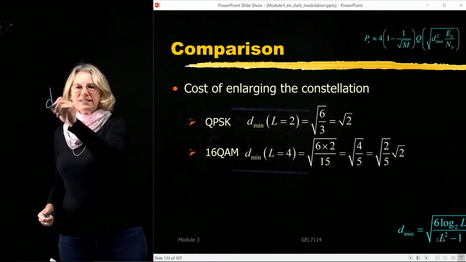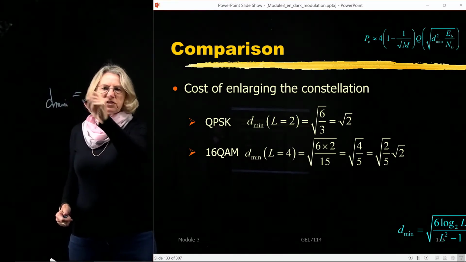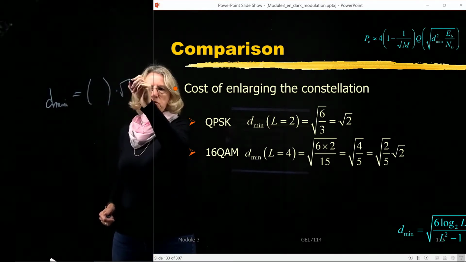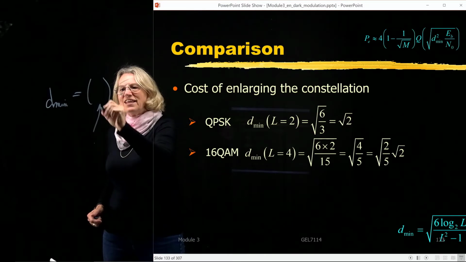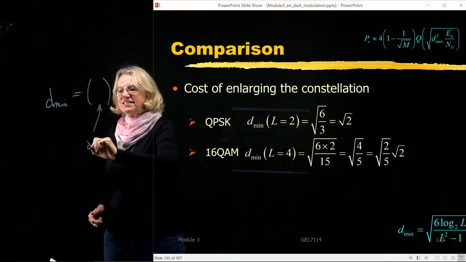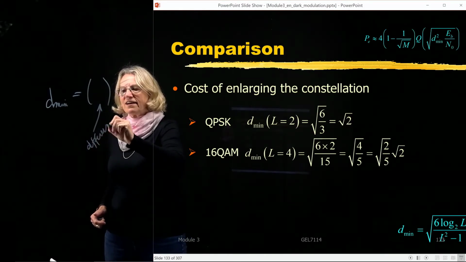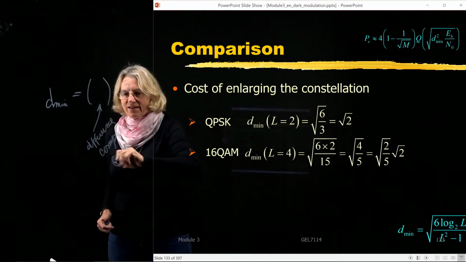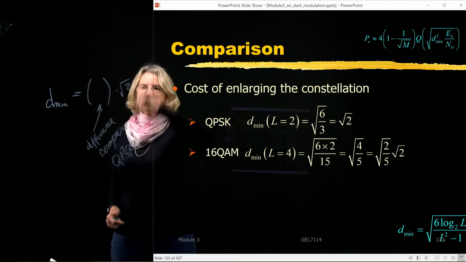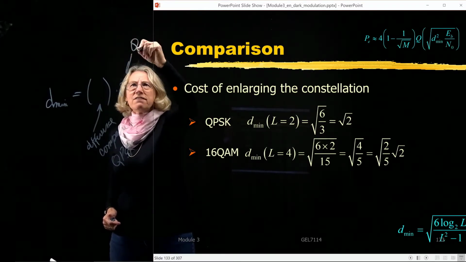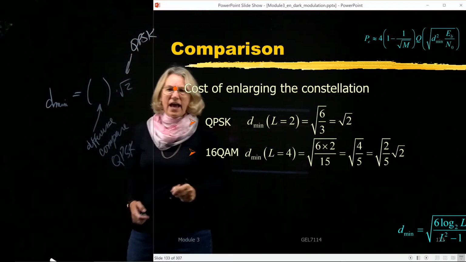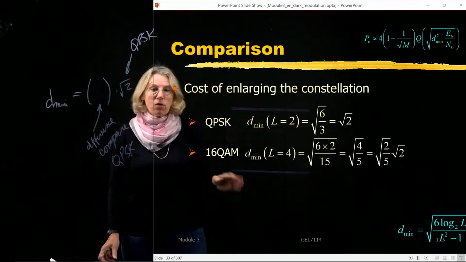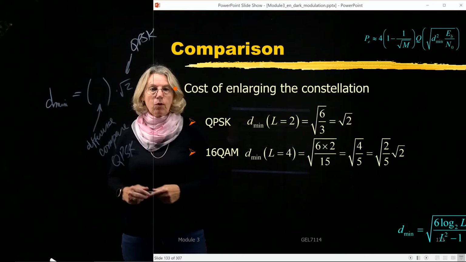So whenever I get a dmin, I'm going to put some factor times the square root of 2, because this is the difference compared to QPSK. So this is the QPSK value. And how different is it from QPSK? Well, that's what I'm trying to identify. That's why I'm writing it in this particular format.